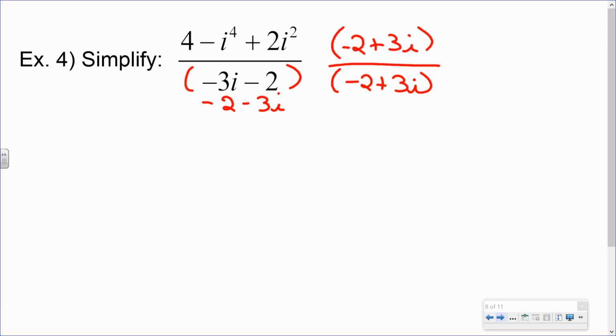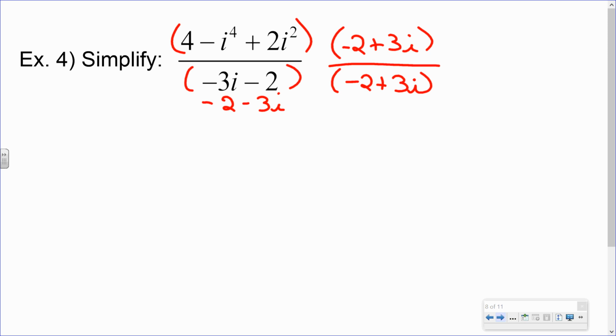So I am multiplying numerator and denominator by the complex conjugate for the denominator. And I'll talk at the end, if we had done it by minus 3i plus 2, we would get the same answer, but with the work being just a little bit different along the way, and I'll talk about that at the end.